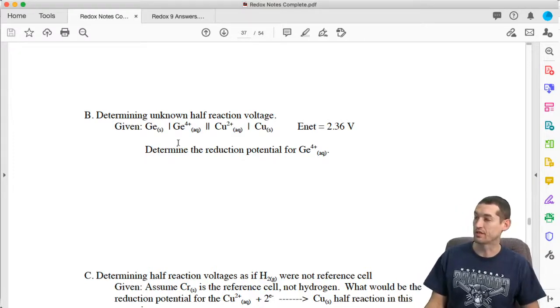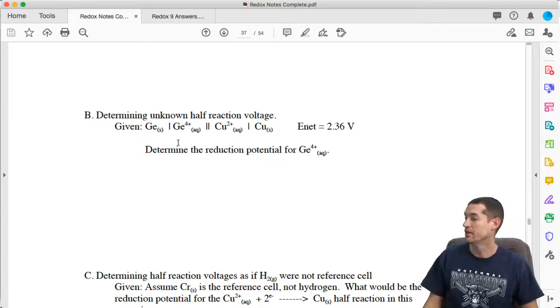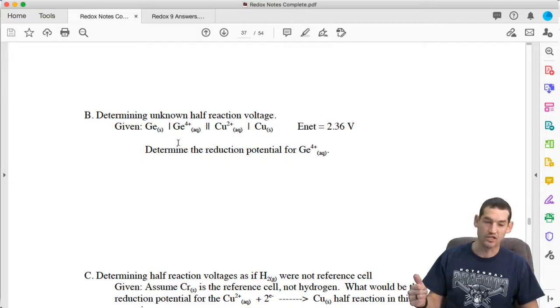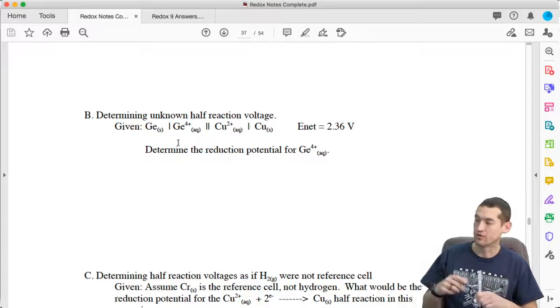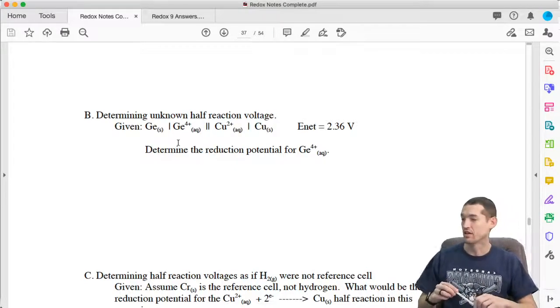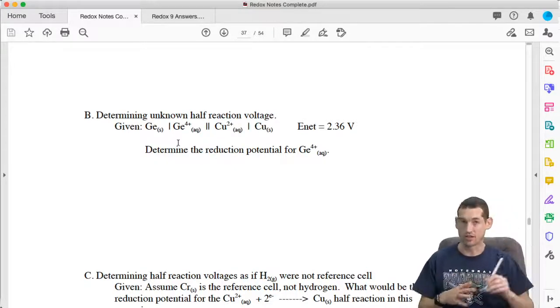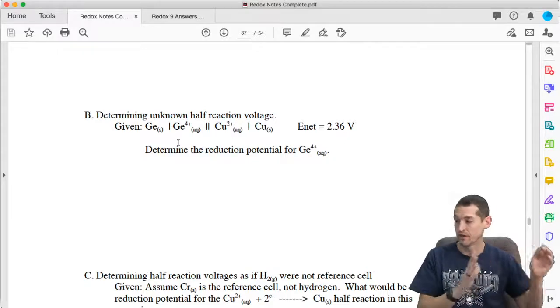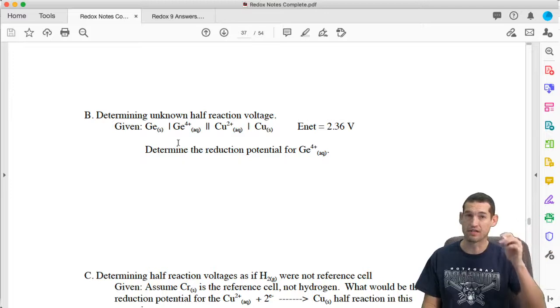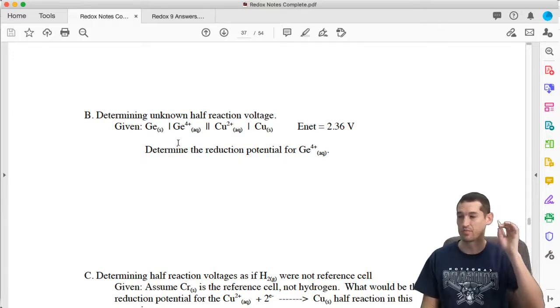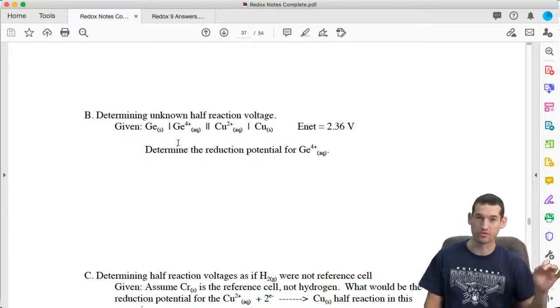If we take a look at this problem right here, you've got Ge solid, which we now know is our anode. Ge4 positive is its electrolyte. Copper 2 positive and copper solid are the other half reaction electrolyte and electrode. It tells us beside there that the E net for that cell is positive 2.36 volts.